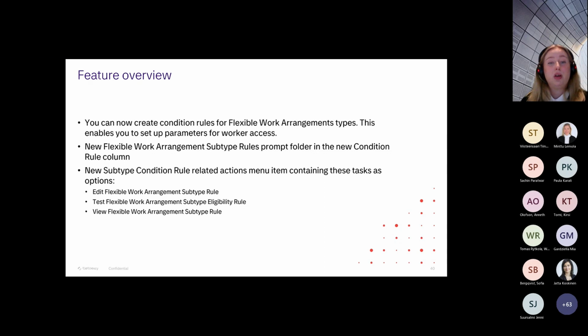To improve your user experience and ability to manage condition rules for flexible work arrangement subtypes, they also deliver a new condition rule related actions menu item containing these tasks listed: edit flexible work arrangement subtype rule, test flexible work arrangement subtype eligibility rule, and view flexible work arrangement subtype rule. Workday also gives you the ability to test eligibility rules then using the new test flexible work arrangement subtype eligibility rule task.